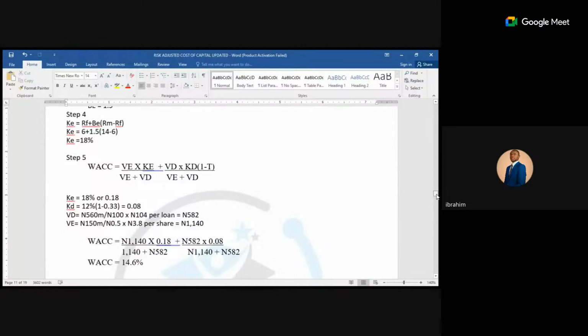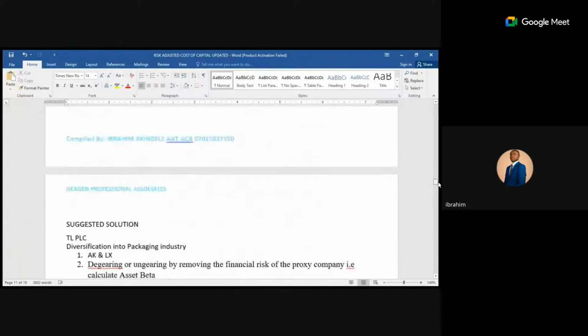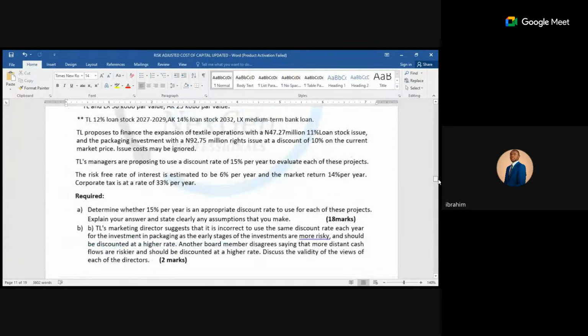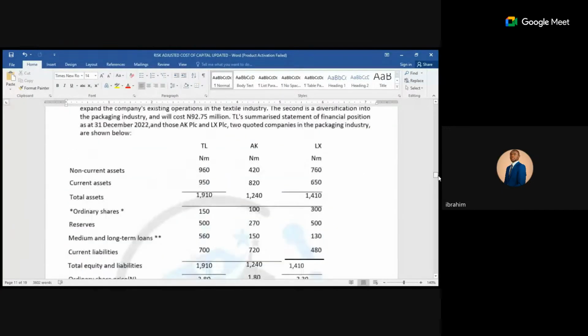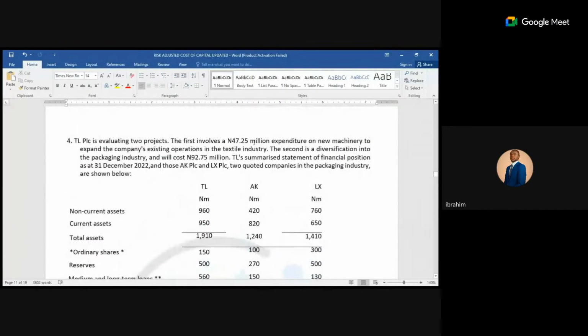Now, don't forget that at the beginning of this question, we're told that they have two options. The first option for them is to expand in the textile industry. If you want to expand, your risks still remain the same.